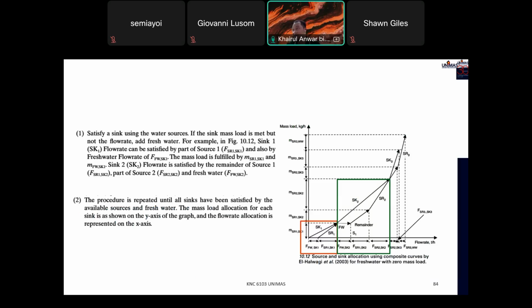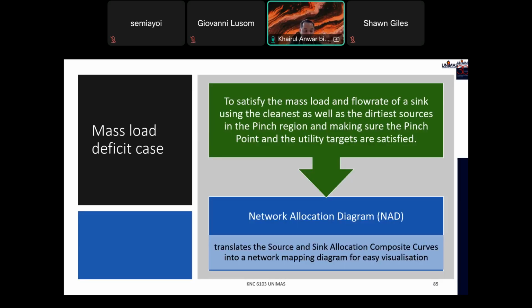We can identify which sources can be used for which sinks. Let's certify the design using the pinch as well, and make sure the targets are satisfied.